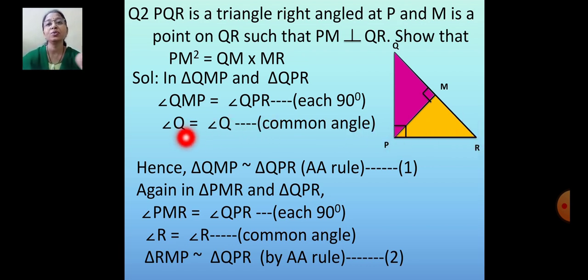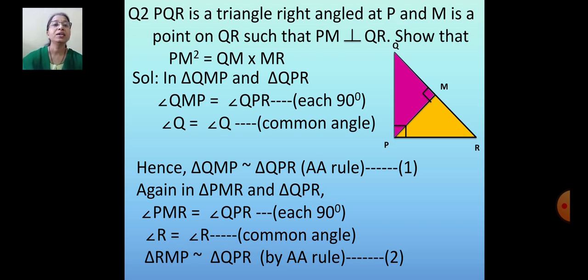Therefore, angle Q is equal to angle Q, common angle. Therefore, triangle QMP is similar to triangle QPR by AA criteria. You check the one-to-one correspondence: Q corresponds to Q, M corresponds to P, both 90 degrees, and the third vertex P corresponds to R. Give this as equation number 1.